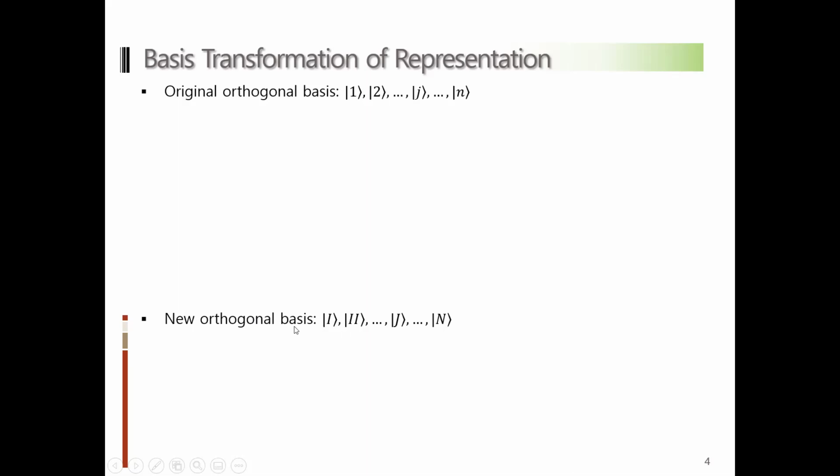In this case, we know that any arbitrary vector v can be expressed as a linear combination of all these orthonormal bases, and there will be coefficients, which we call probability amplitudes, and it can be generally written as the sum of all of them. Sorry, I should have the coefficient in front of it here.